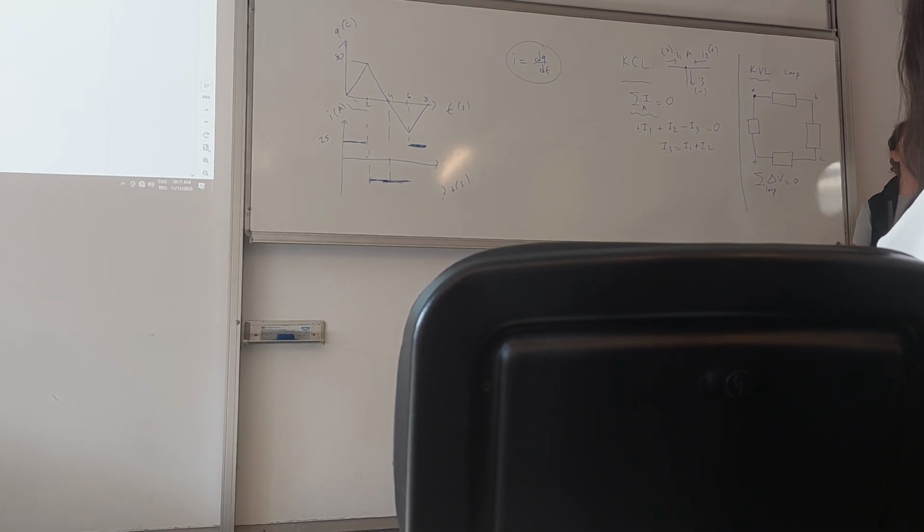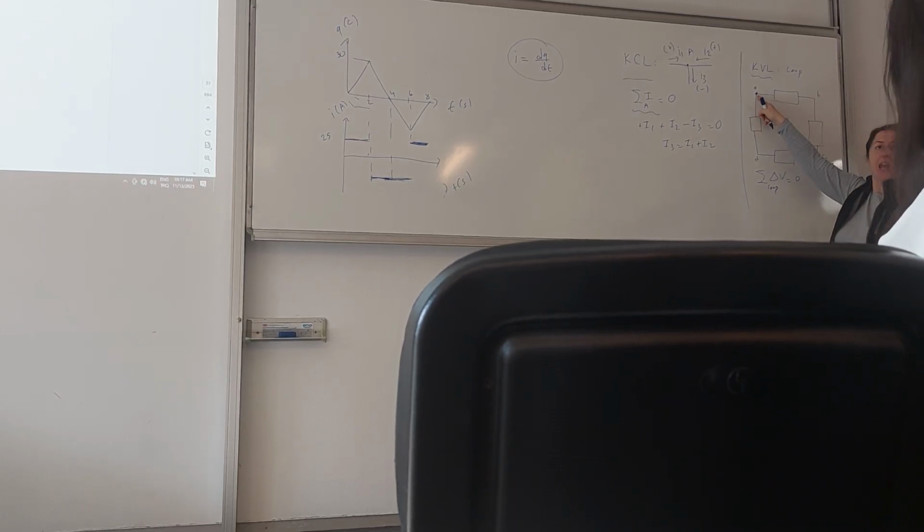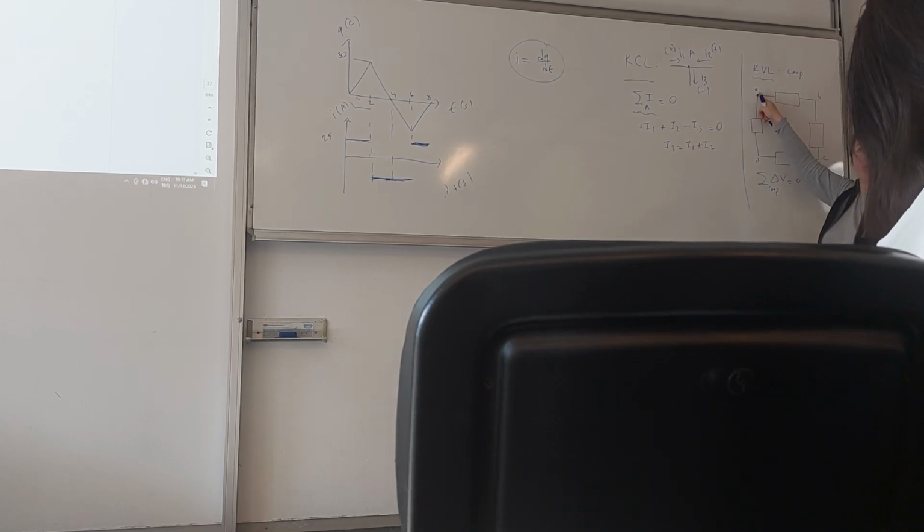And logically it should make sense because we are calculating potential difference. When you start at point A, and then you come back to the point A, it's exactly the same point. So potential difference should be 0 on the same point. That's the logic behind this.